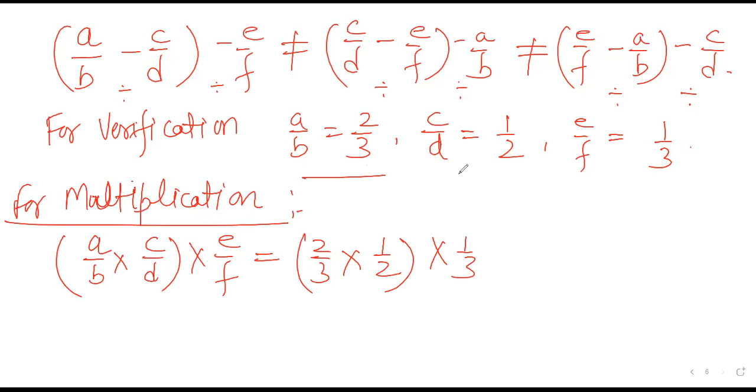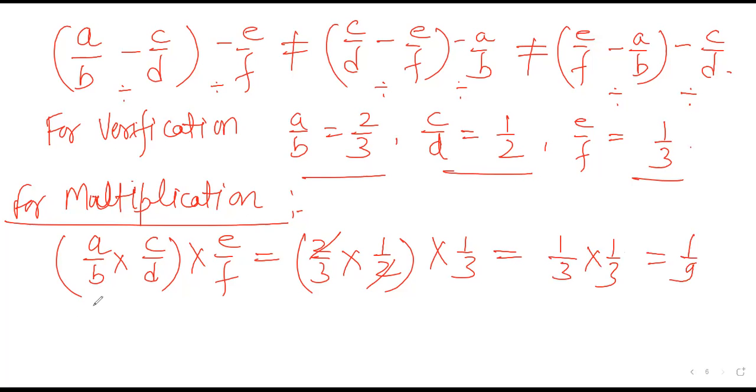Putting these values in the expression, 2 cancels out, 1 upon 3 into 1 upon 3, that is 1 upon 9.